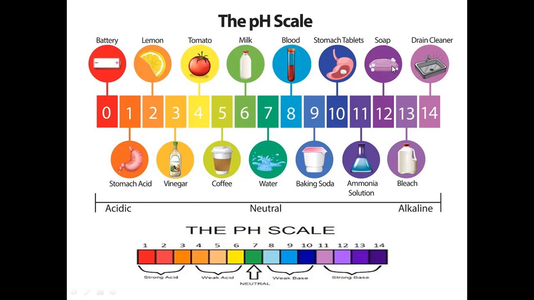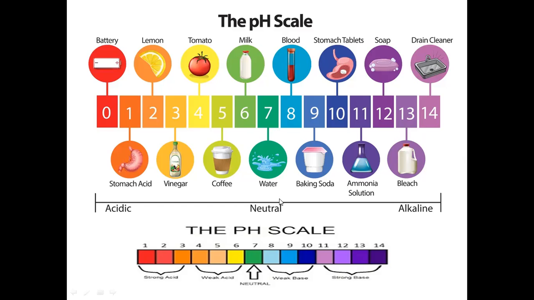Similarly, blood and soap have a higher pH, up to 12, and because of the hydroxyl ion concentration there, they have a basic character. Bleach also has a basic character. These are a few of the examples given here because you use all of them at home, so it is better to understand the pH of the products you use.